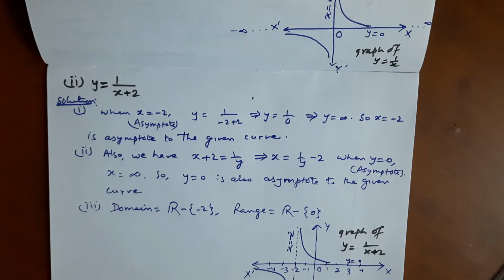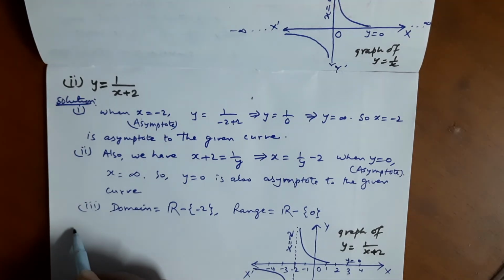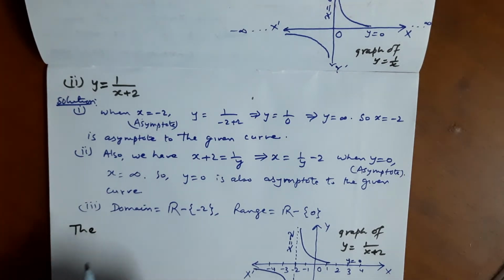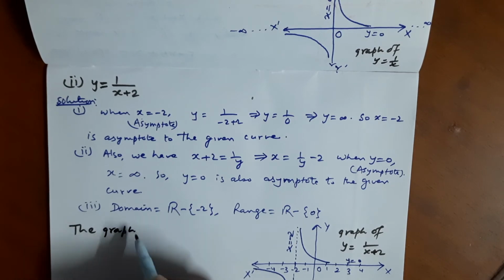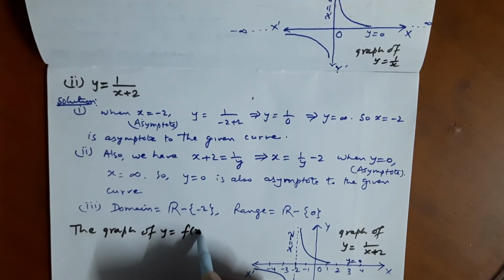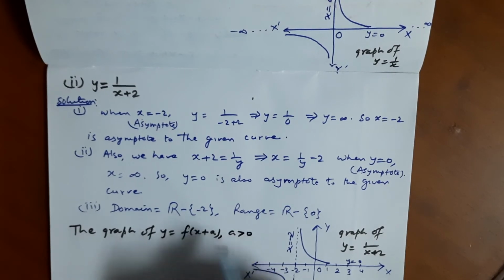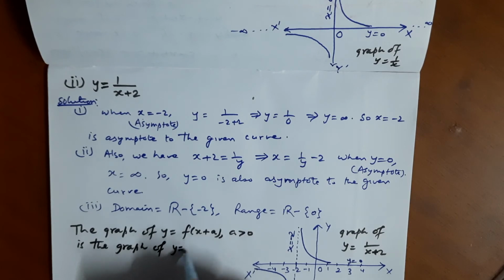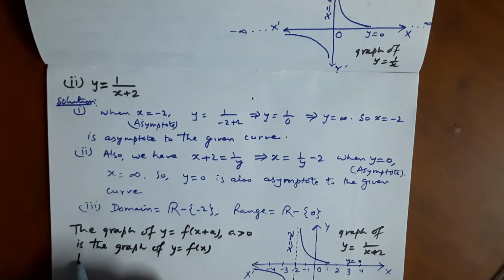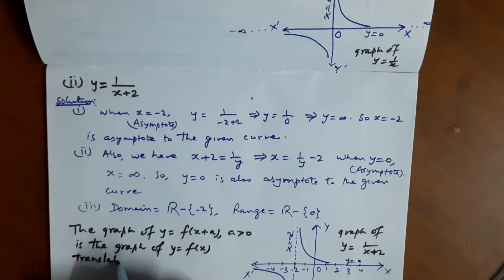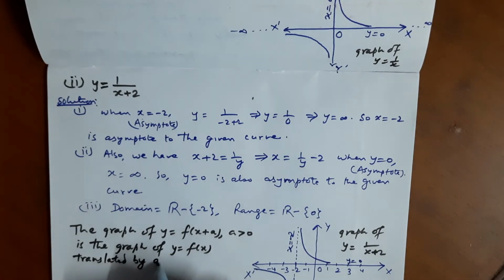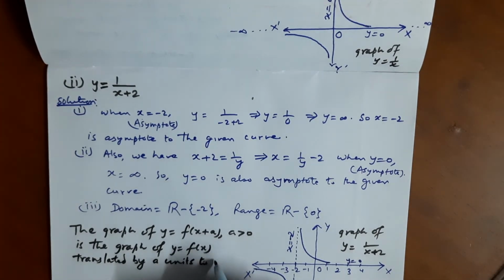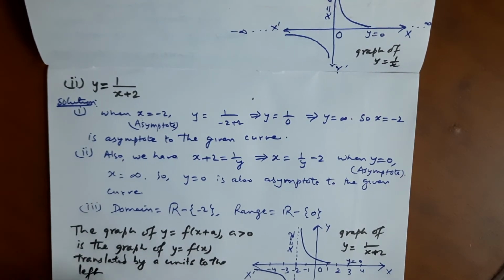Okay, so as we have already discussed in translation of graphs, the graph of y equals f(x plus a), a bigger than 0, is the graph of y equals f(x) translated by a units to the left.